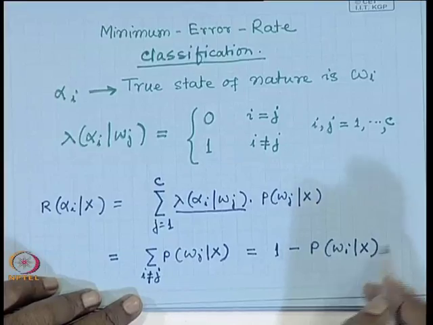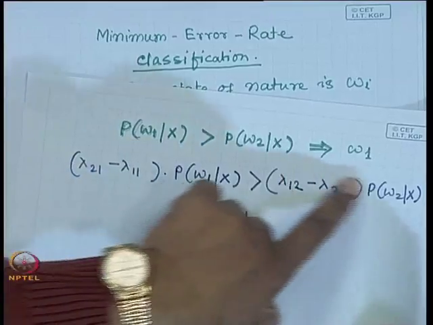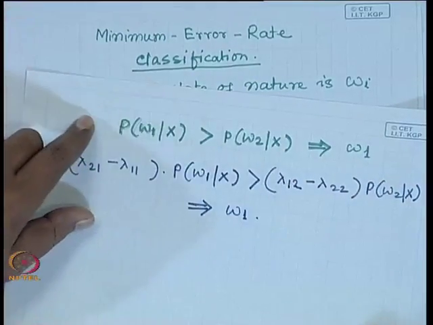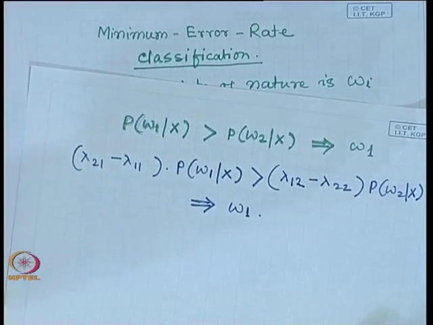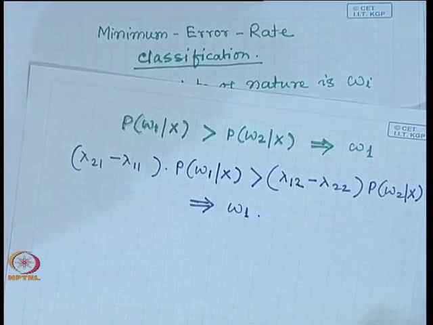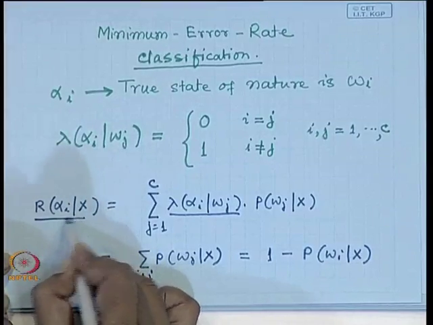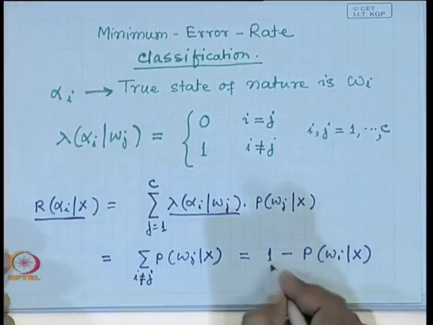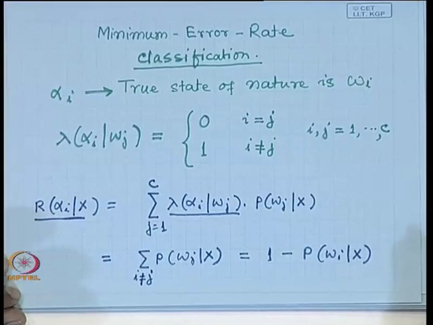So, you find that I come back to the same decision in the generalized case, that p of omega I given x, for whichever I this is maximum, I have to take that decision, and that ensures minimum risk, that ensures minimum error rate. So, this minimum risk classifier in this particular case boils down to minimum error rate classifier.